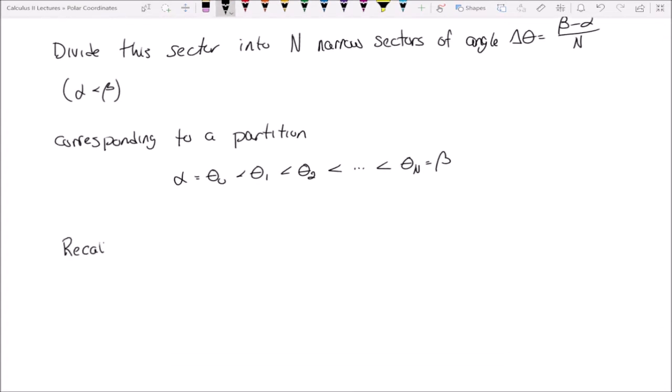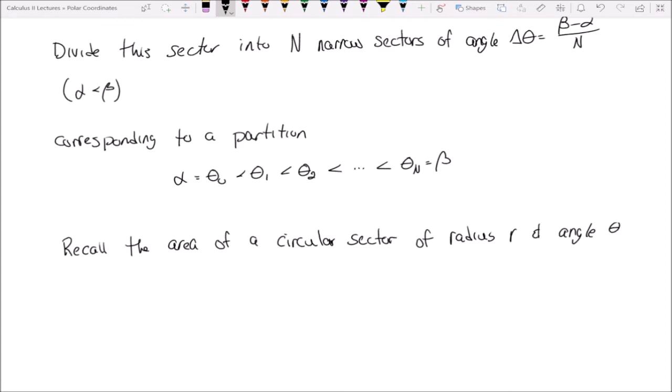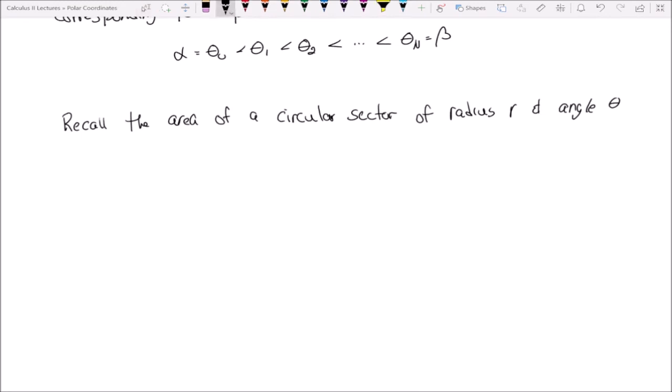We'll recall that the area of a circular sector of radius r and angle theta, measured in radians, of course, is given by 1/2 r squared theta.